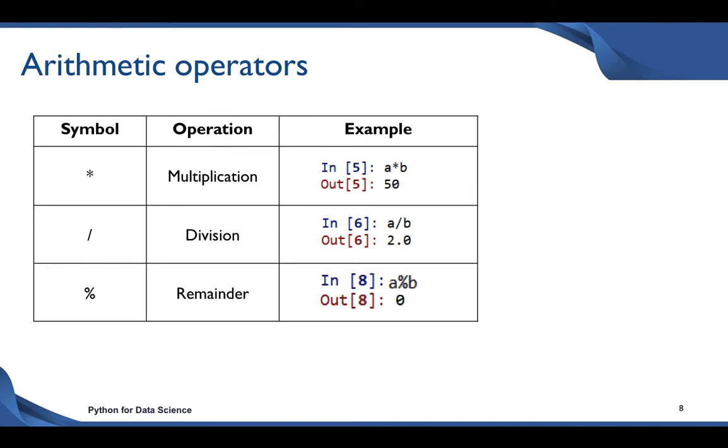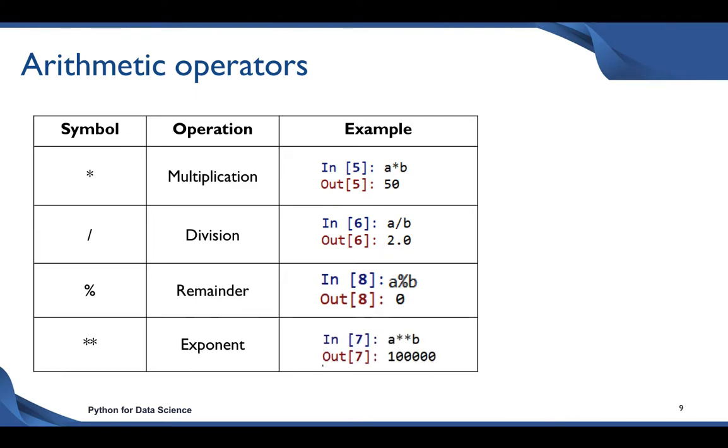Similarly, we have a remainder operation denoted by the modulo symbol, or percentage as we call it in general terms. So a modulo b gives us the remainder. For example, in a we have the value 10 and in b we have the value 2. So a modulo b, that is 10 modulo 2, will give us the remainder as 0.